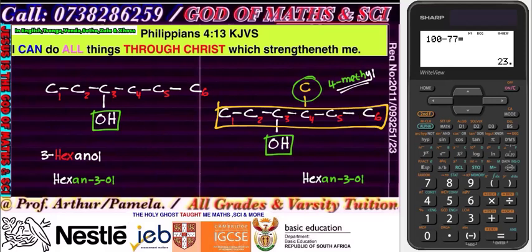So the name will be 4-methylhexan-3-ol. You got it? Yeah. In case there was a branch. All right.